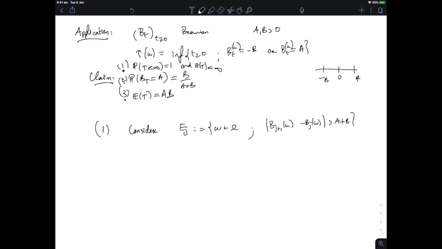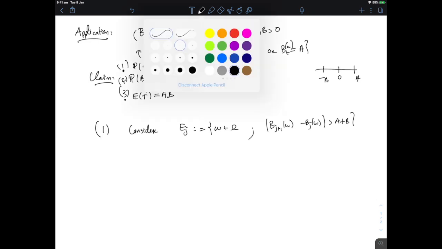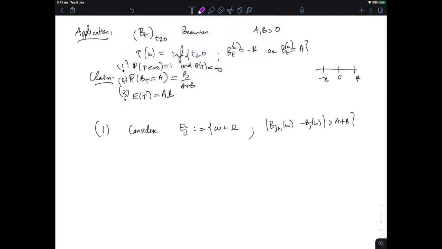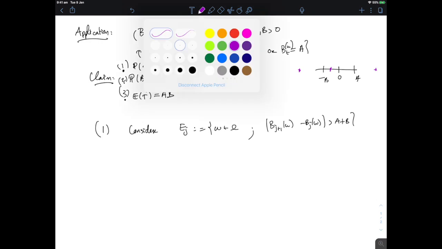That means that between times j and j plus 1, the Brownian motion has made a jump of at least the size a plus b. So wherever it might have been inside this interval, if it jumps by more than a plus b, either it's on that side or it's on this side. At any rate, it has left the interval, because the length of the interval is a plus b.